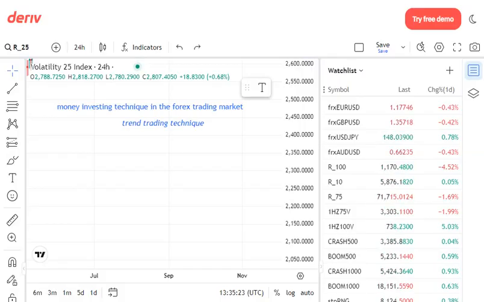Key points to know about forex trading. Decentralized market. Forex trading occurs over the counter, OTC, meaning there's no central exchange. Transactions are conducted electronically between parties worldwide.